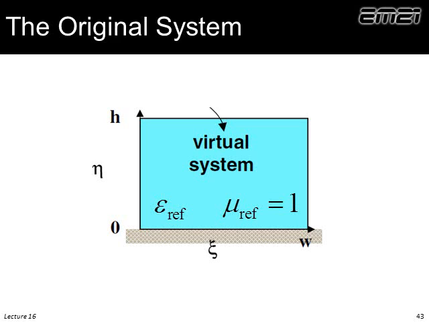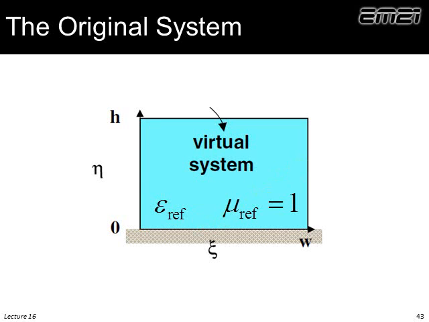Here is what we'll call the original coordinate system. This is where we have our effective material properties, and we can have any dielectric constant we want. We'll set the permeability to 1 because we don't want to have a permeability. We'd like to do this with dielectrics only. So this is what we want our system to act like. So a wave that is incident in this system, being homogeneous up here, any wave that's incident will just bounce and get reflected.